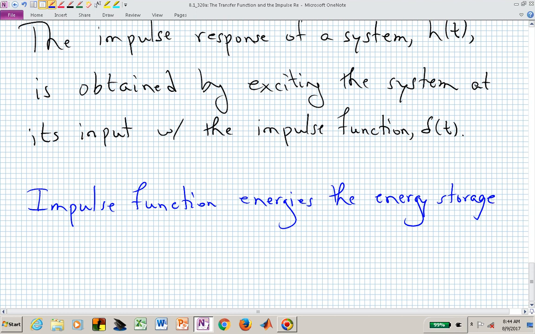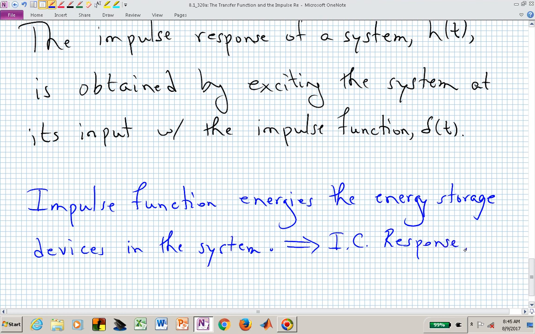So the impulse function energizes the energy storage devices. Now all of our inductors are energized, our capacitors are charged up. That now says beyond t equals 0, what we're really seeing is an initial condition response.